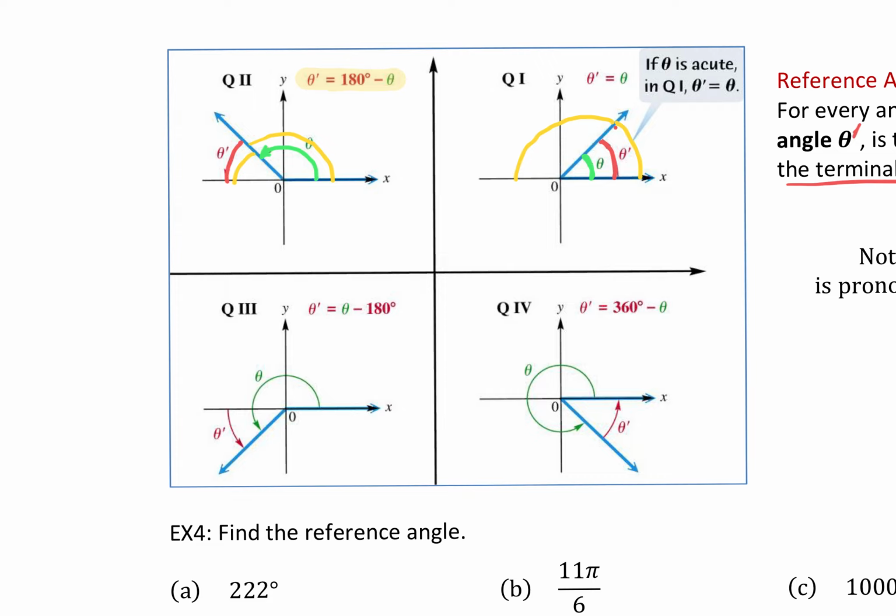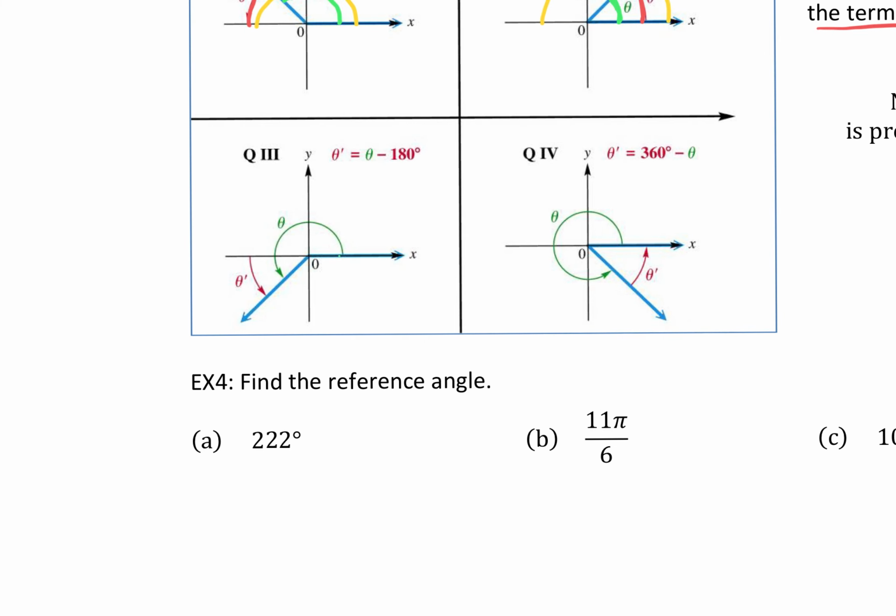Now in quadrant 3, if I look at my angle theta and at that terminal side, I need to get back to the x-axis. I can either come back the way I came or keep going. Those are the two angles to choose from.